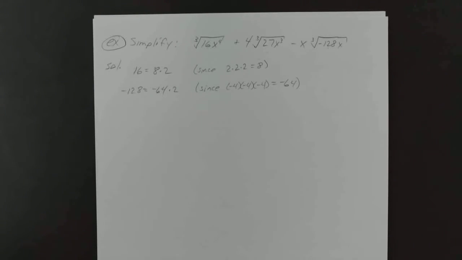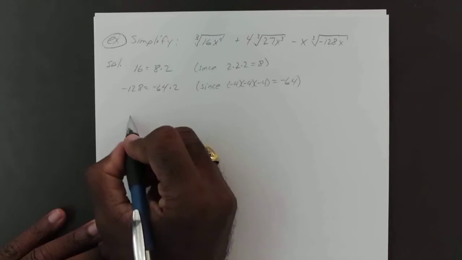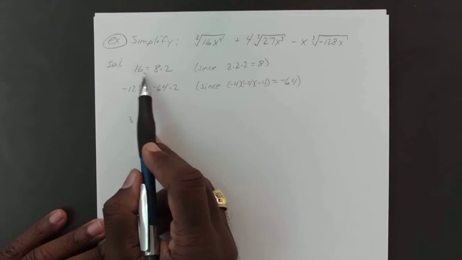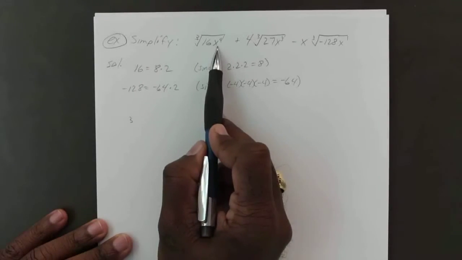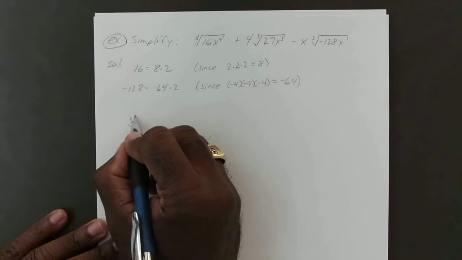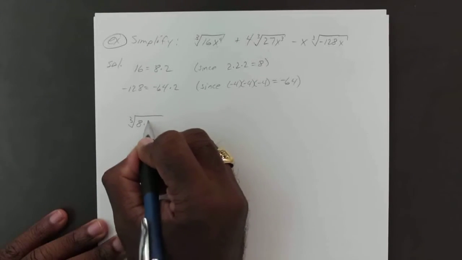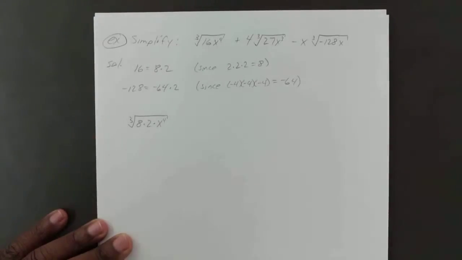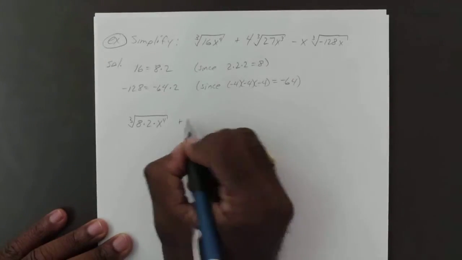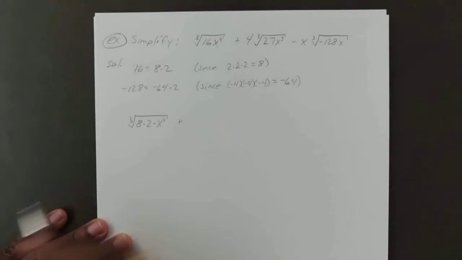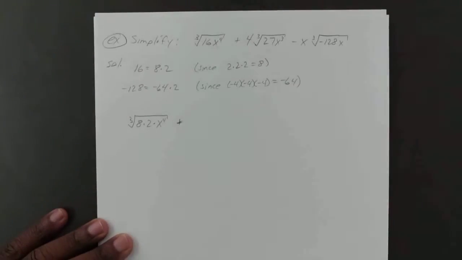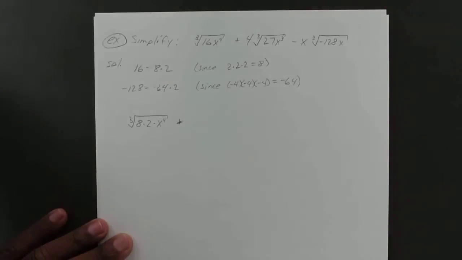Okay, so now we're just going to go ahead and rewrite. So instead of cube root of 16, we have cube root of 8 times 2 times x to the fourth. We're actually going to simplify the variables too, but we're going to do that a little later, because simplifying the variables is really quick.